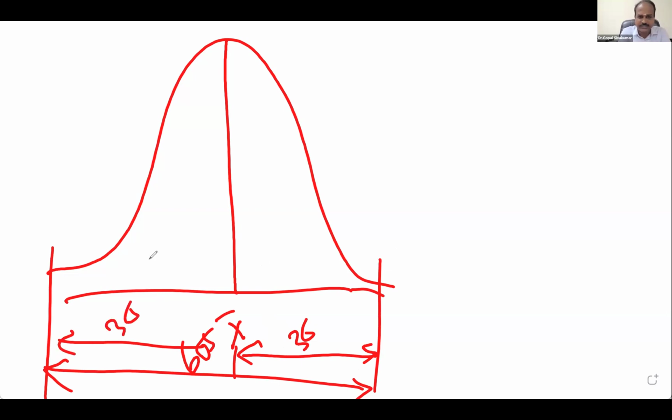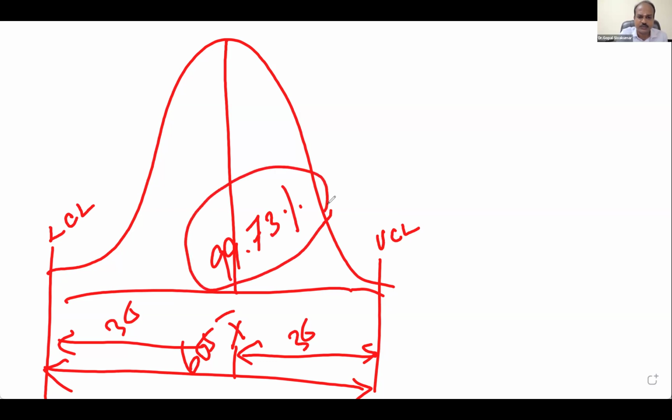And now when I consider the entire spread, what percentage of the data or what percentage of the population is expected to fall inside your control limit? These points are known as control limits, am I right? So inside the control limits, you can expect 99.73% of the population to fall within the control limit, provided you locate the control limits using an effective procedure.